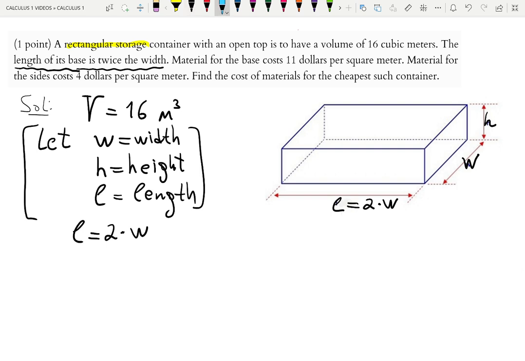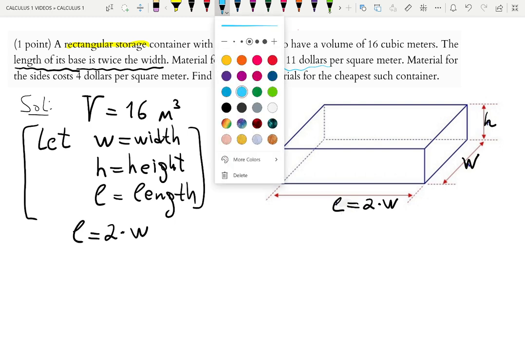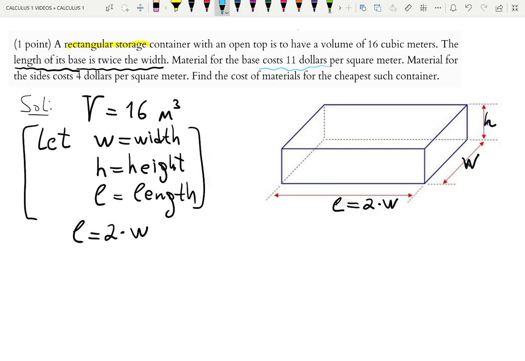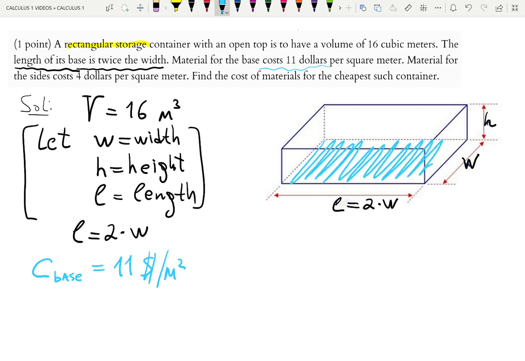Material for the base costs $11. Oh my goodness, the cost is now involved. It's fine. Let's write down what that means. The cost for the base is $11 per meter squared. So that means this base will have the given price of $11 per meter squared.